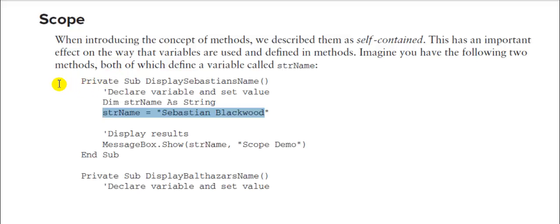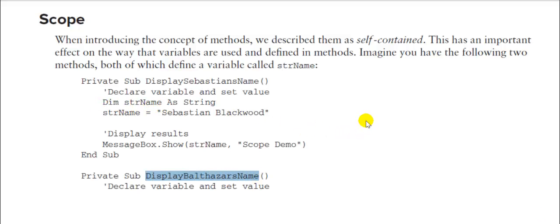This method also displays that string. Then you have another method, different from this one. This one is called display Sebastian's name, and this one is called display Balthasar's name.